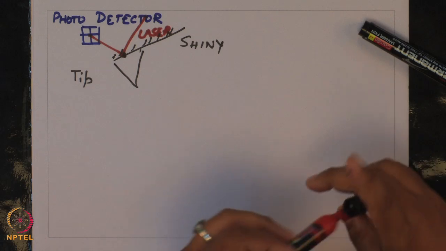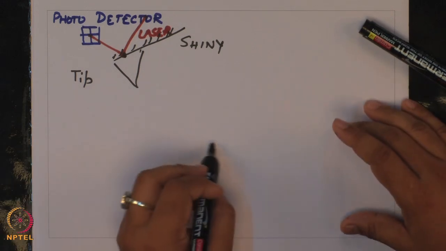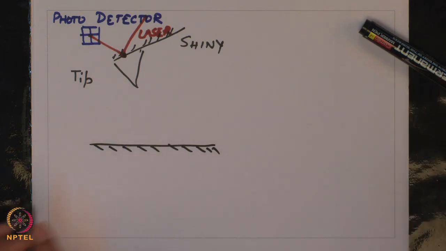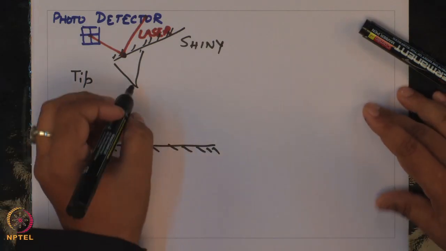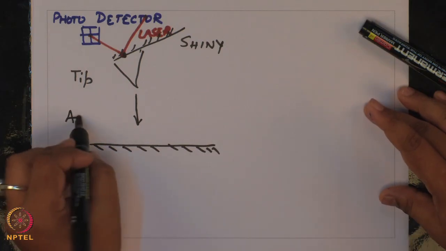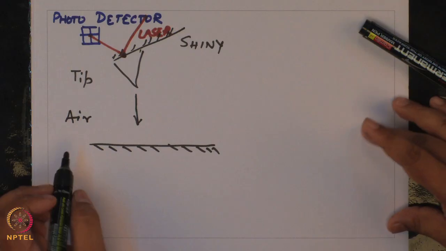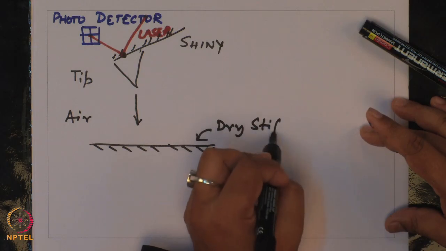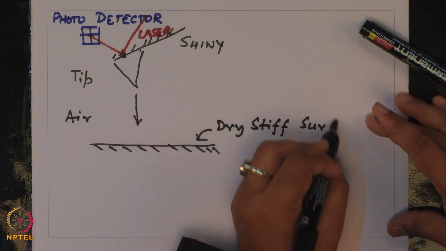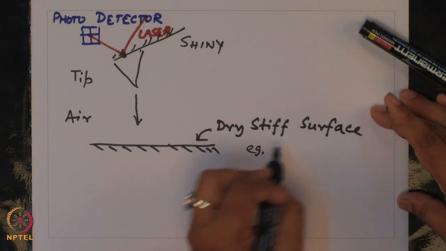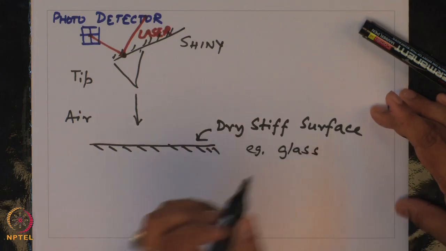So, for example, let us assume that the tip is trying to probe this particular substrate, which can be just glass. Let us say this is air and you have a dry surface. This is a dry stiff surface, for example just a glass cover slip in the case of biology.